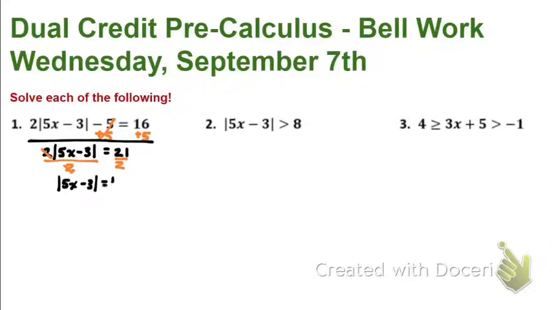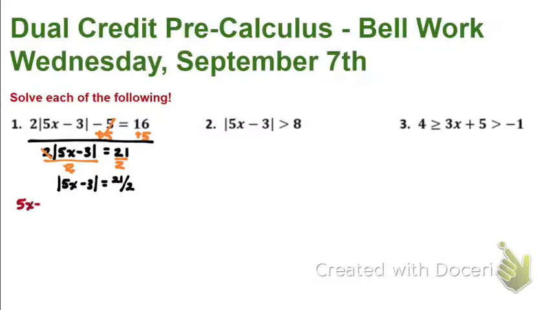One of the things that I noticed happen a lot on the last quiz, which I will be passing back today, is that we were dropping the absolute value and just ignoring it from this point forward, which meant we only got one answer, but there's actually how many answers to this absolute value? 2. 1 positive, 1 negative.